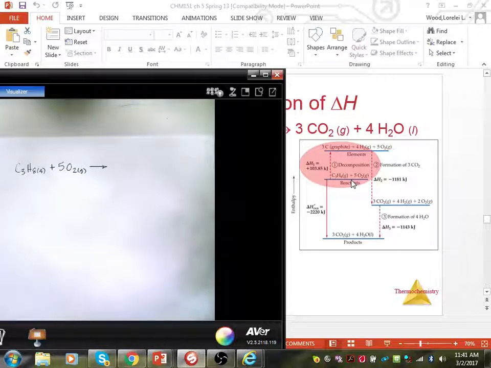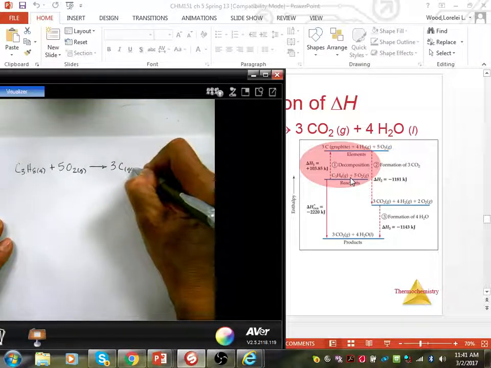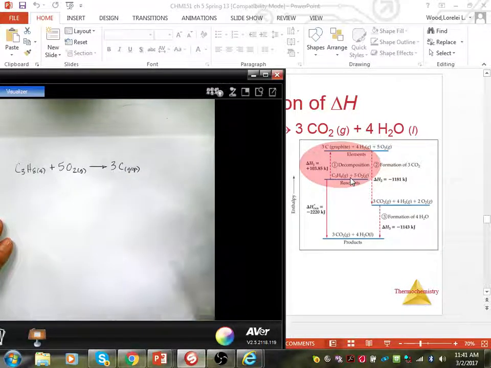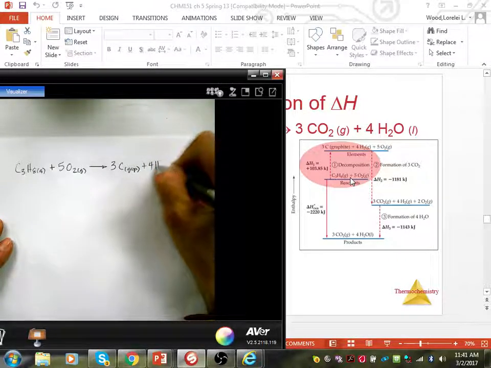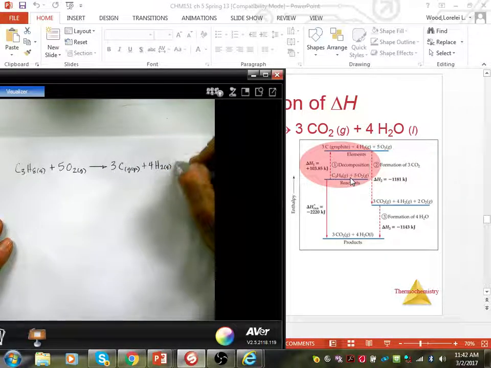Now, in this particular reaction, I'm going from an energy state that is lower to an energy state that is higher. So my products in this particular reaction go from that to this 3C, I'm just going to abbreviate it GRAP, right, the graphite, plus the 4H2. You should be writing this down as a gas, plus the 5O2, also as a gas.